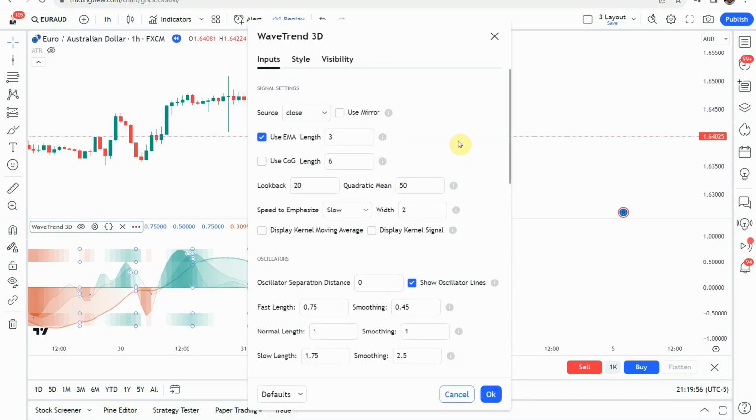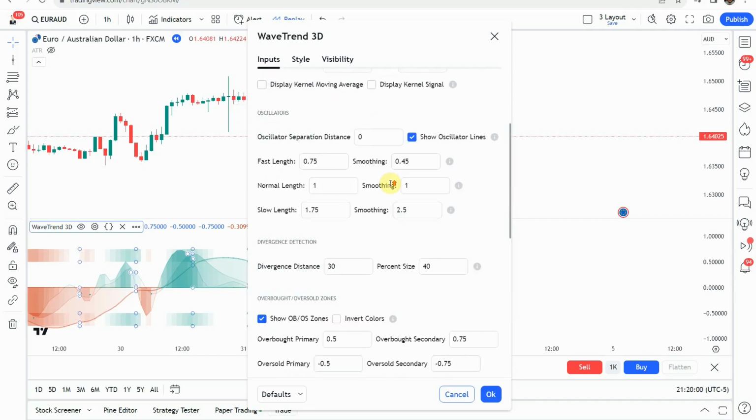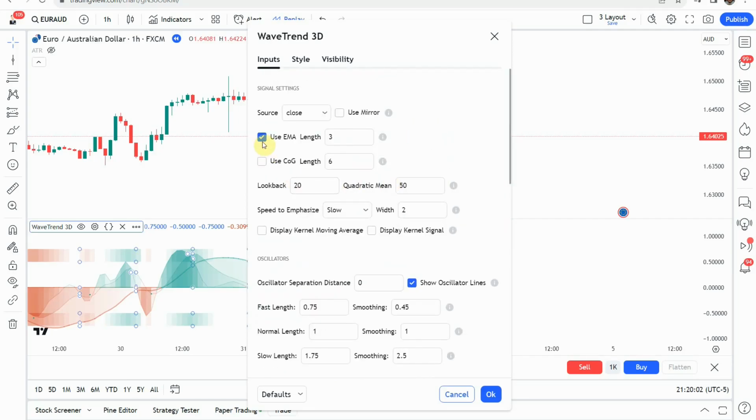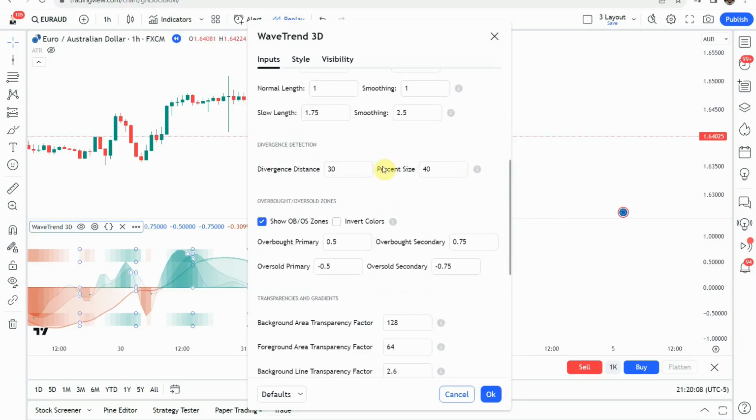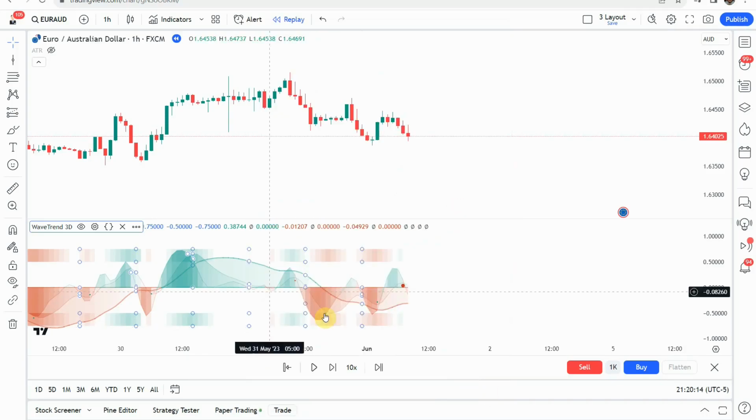Now in the source video, they did go in and make a few changes to this. They ticked this box right here to use EMA link 3, and scrolling down they checked this box to show overbought and oversold zones.